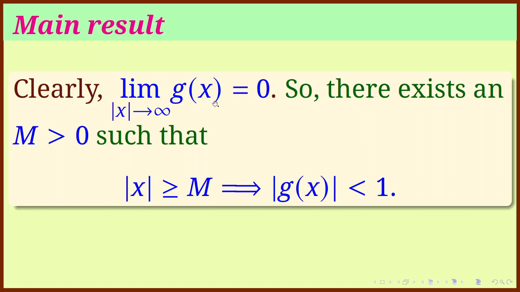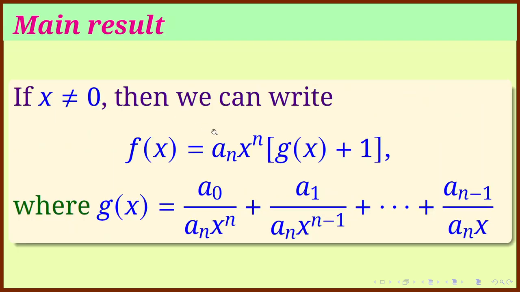Clearly, the limit of g(x) as x becomes numerically large is 0. So g(x) tends to 0 as x becomes numerically very large, because as x tends to infinity, mod x tends to infinity, so each term will tend to 0. So everything will tend to 0.